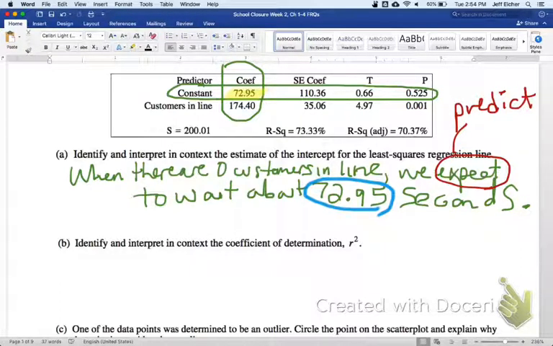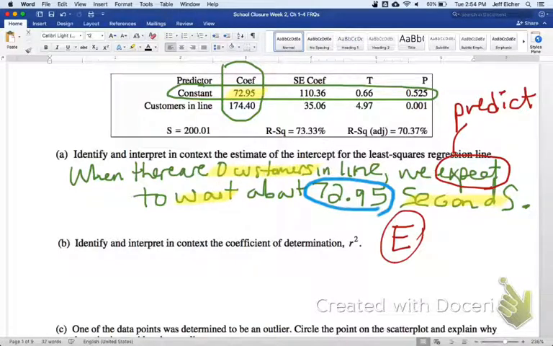So that's the second thing that you have to identify. And then the third thing is the context. You have to mention the 0 customers in line and the waiting time, or the seconds. So 3 things to be able to score an E.